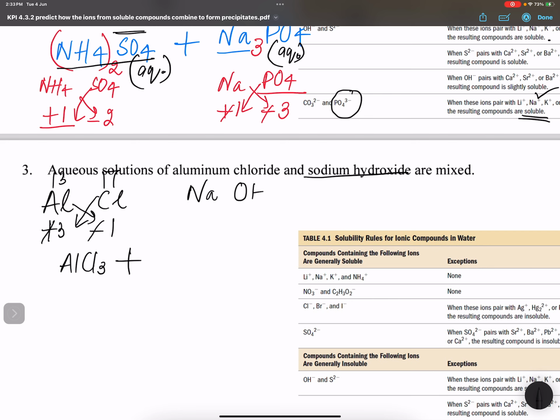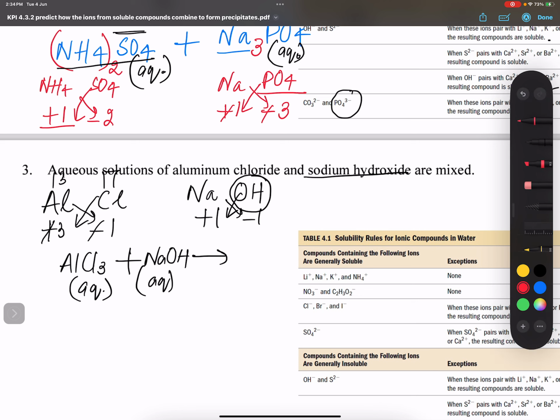Na hydroxide is OH. OH is again a polyatomic ion. Na is +1, OH is -1, cross multiply, and you have NaOH. So it's a solution again, aqueous, aqueous, then assign them the charges, +3, -1, +1, -1, switch the negatives.